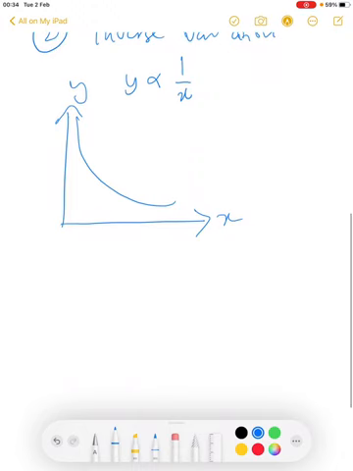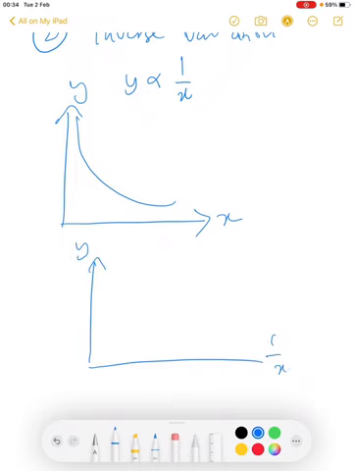We can also get a straight line graph passing through the origin when we draw a graph of y versus 1 over x. Why does it become like this? It's because of the relation here.